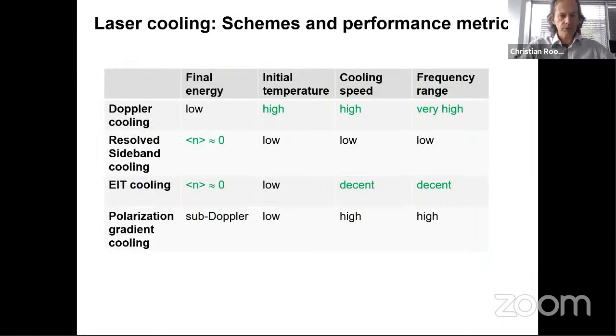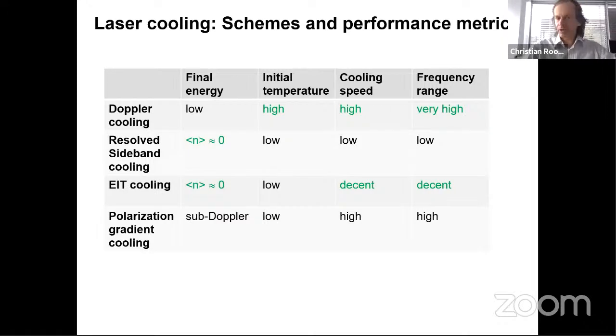So, let's start with laser cooling. I prepared here a little table to show you that different laser cooling techniques exist, and for good reasons, because there are different metrics that you might want to apply to a laser cooling scheme.